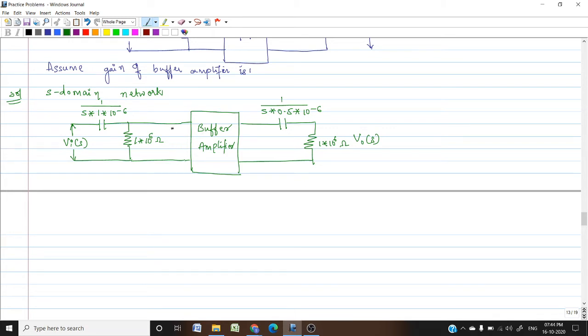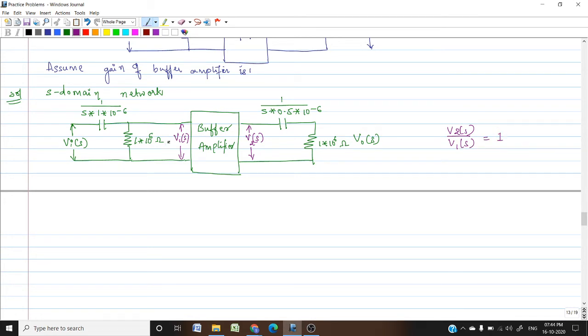So what we do here is take this voltage as V1 of S, and this voltage, the output of the buffer amplifier, as V2 of S. In the question it is given that the gain of the buffer amplifier is 1, so from the given data we can say that V2 of S by V1 of S is equal to 1.